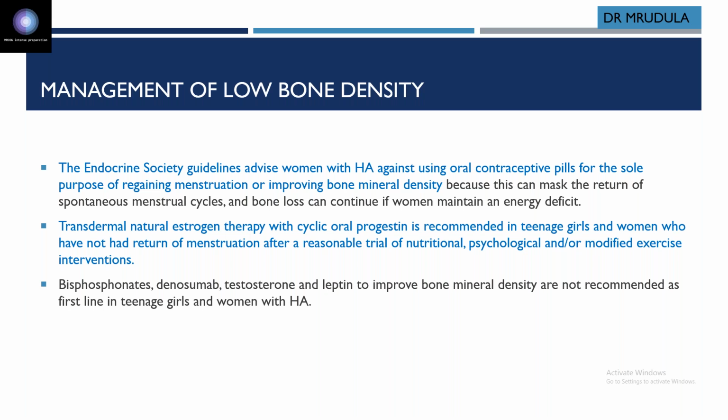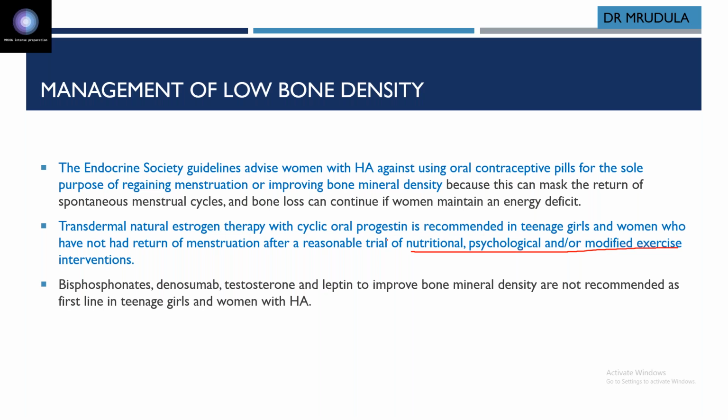And bone loss will continue. So in these patients, transdermal natural estrogen with cyclical progesterone is recommended in teenage girls and women who have not returned to menstruation after a reasonable trial of nutritional, psychological, and modified exercise intervention. So, the first line of treatment for hypothalamic amenorrhea is nutritional intervention, psychological support, that is CBT, and a modified exercise routine.